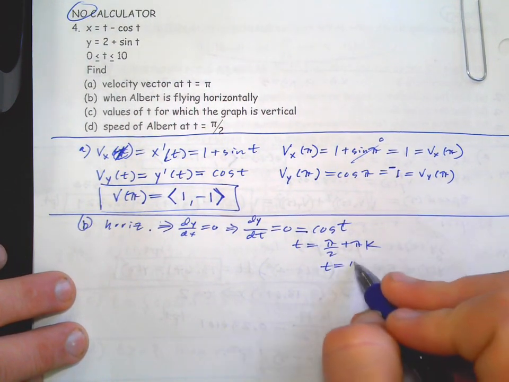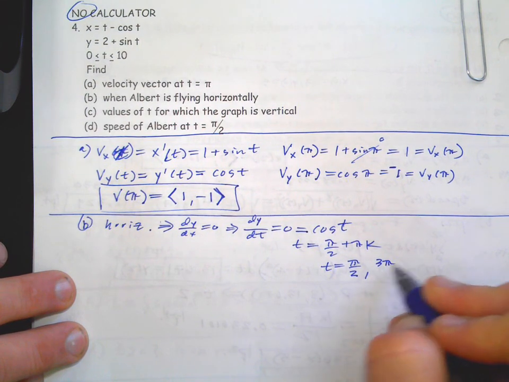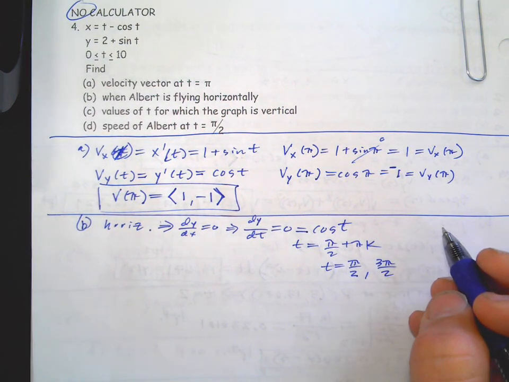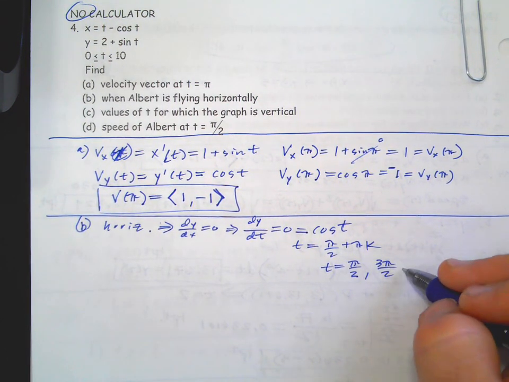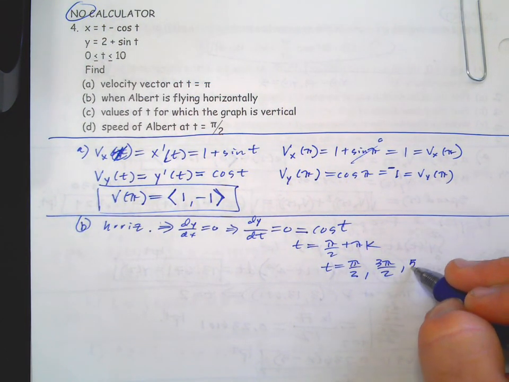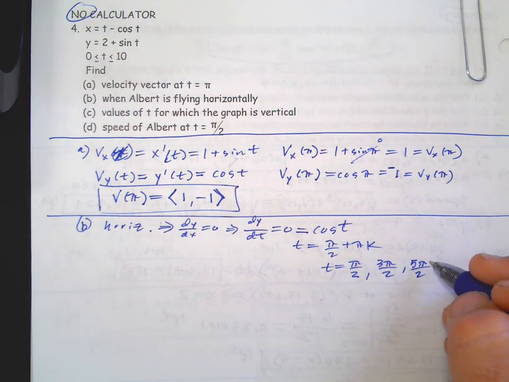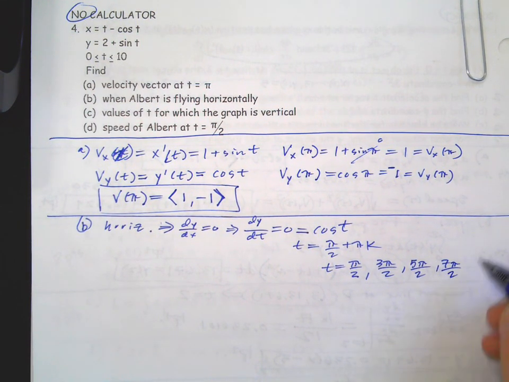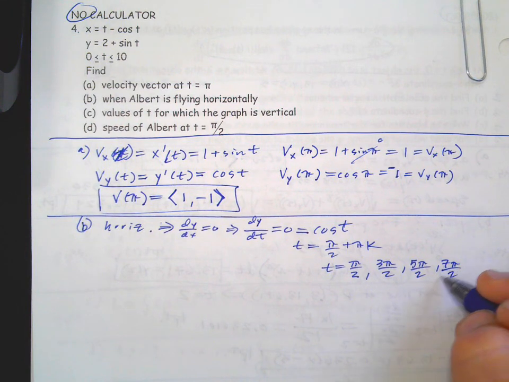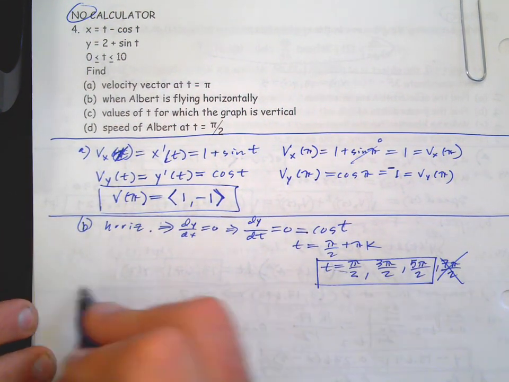So pi over 2, 3 pi over 2, 5 pi over 2, which is about 7. 7 pi over 2 is going to be over 10. So these are the times where it happens.